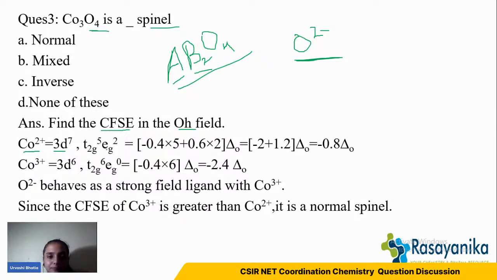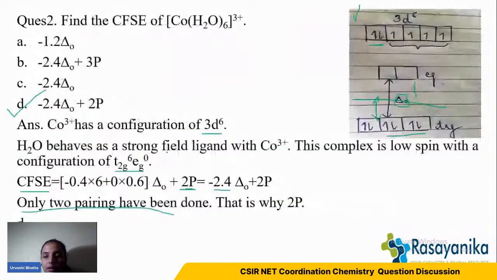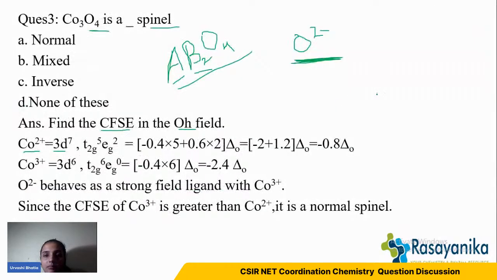One more thing you have to note: Co2 plus is given and O2 minus is going to act as a weak field ligand, right? The oxo is a weak field ligand itself, and with cobalt 2 plus it will be weak field. So each of the orbitals, the t2g and the eg, will be singly filled first, and then the pairing is going to take place. So 1, 2, 3, you can see here. I'll draw it over here.